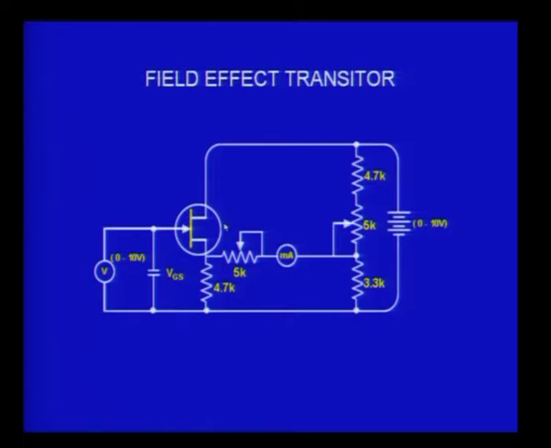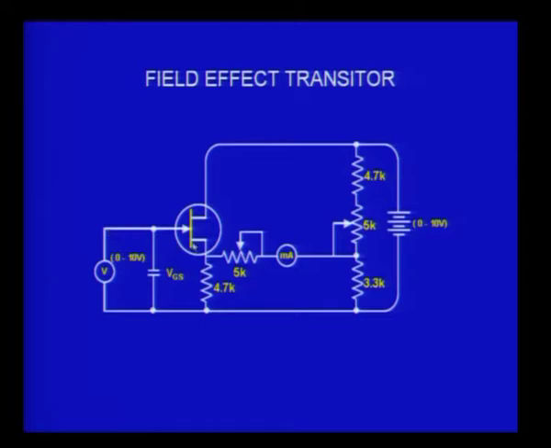One arm of the bridge has the drain source resistance of the field effect transistor. The other arm has 4.7K and a variable 5K in series. The third arm has 4.7K, the fourth arm has 3.3K, and I apply a power supply here, and between the middle terminals I have a current meter and a variable resistance in series.